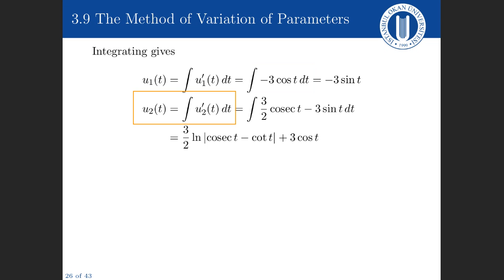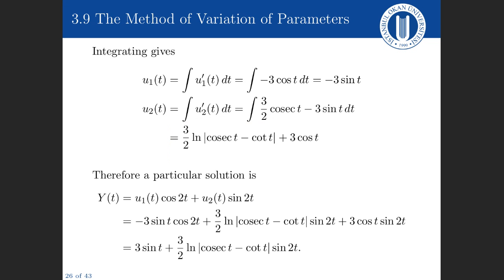And likewise, u2 is the integral of u2 prime. And when we calculate this, we get 3 over 2 natural logarithm of the absolute value of cosec t minus cotan t plus 3 cos t. And then we're ready to write down the particular solution.